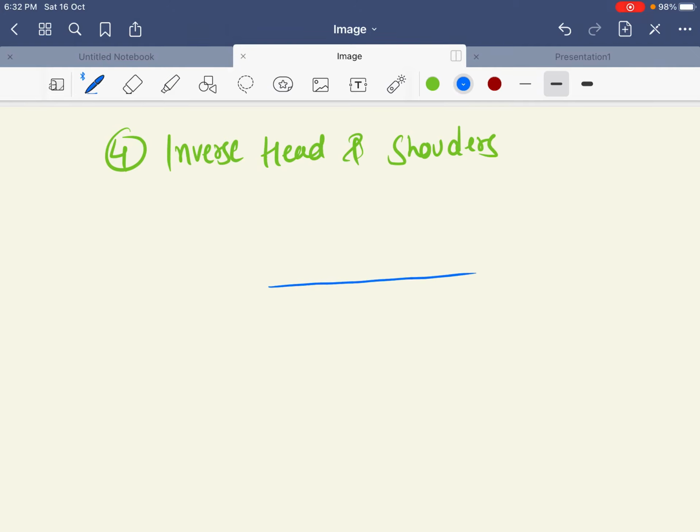Actually, you have to draw it like this. So as you can see, what head and shoulder mean here.